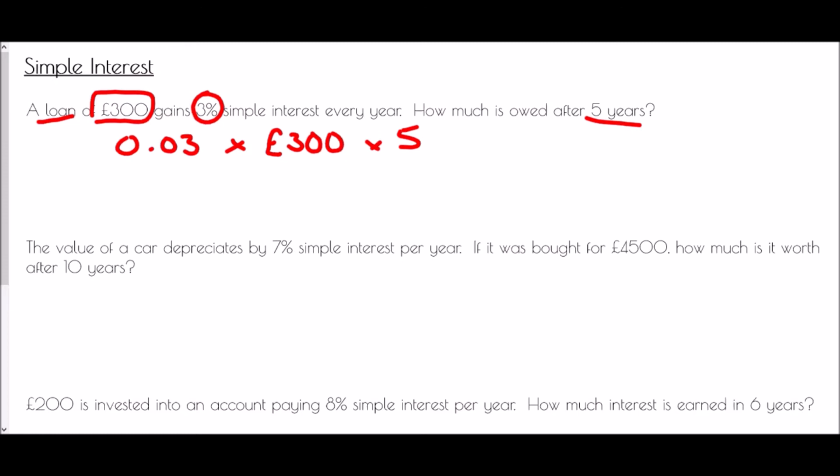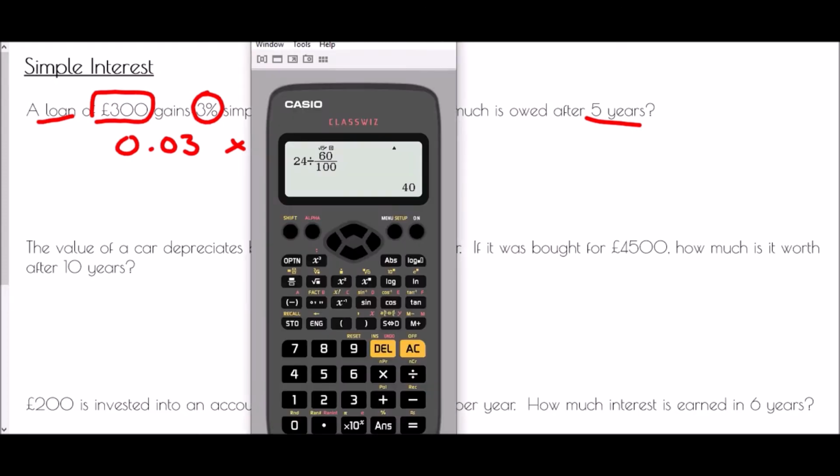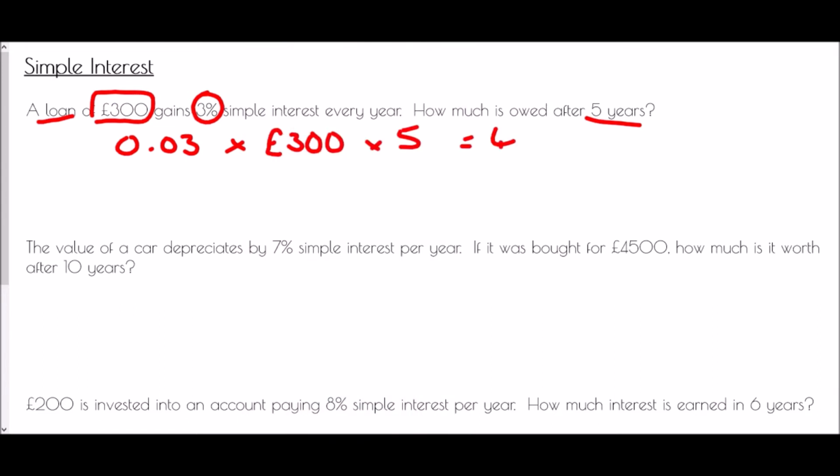So just going to grab the calculator and we will type in 0.03 times 300 times 5, and that is 45.